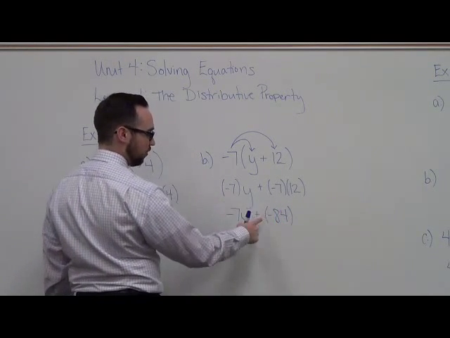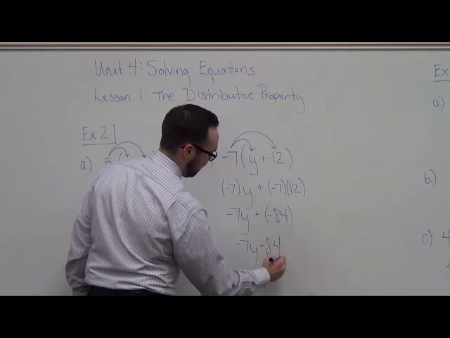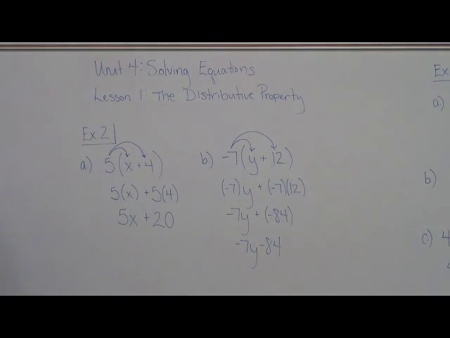And you can leave it like that, or you can change this to make it say negative 7y minus 84. Both of those are saying the exact same thing. And so that's how to do the distributive property using variables. It is exactly like using numbers. The only difference is that we have to leave it in terms of a variable because we don't know what that variable represents. Eventually we'll get to the point where we're solving and trying to figure out what the variable represents. For now, we're unsure of that.